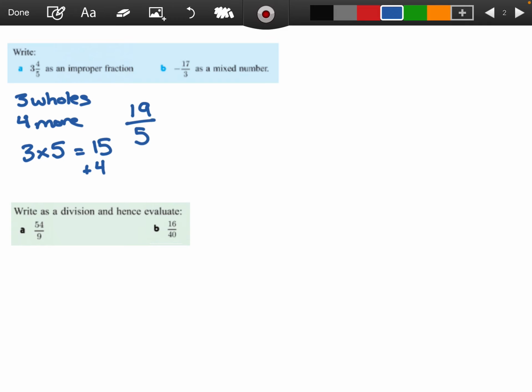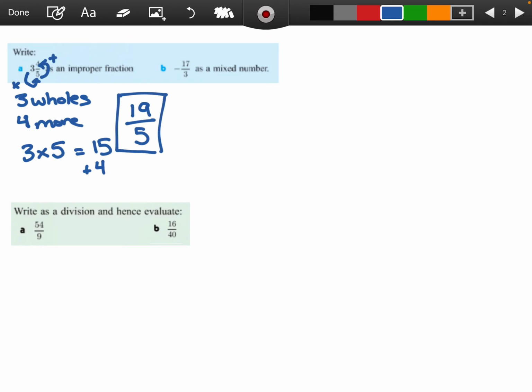So essentially you take the large number, multiply it by the denominator, and then add the numerator, and that becomes your new numerator. Denominator stays unchanged. So 19 over 5 would be how we write 3 and 4/5 as an improper fraction.